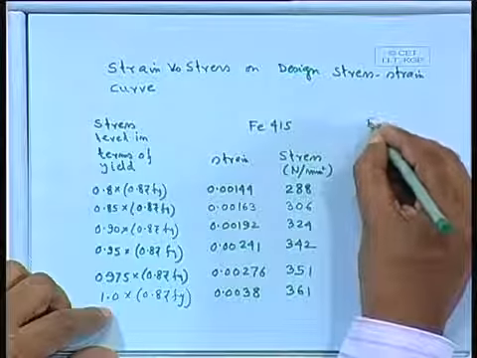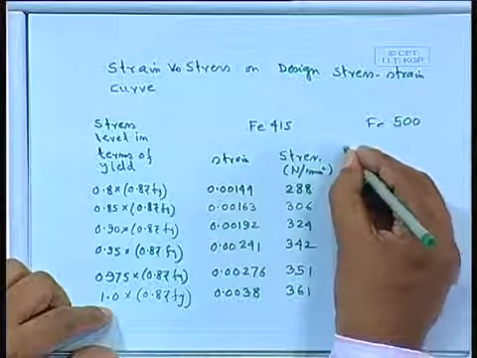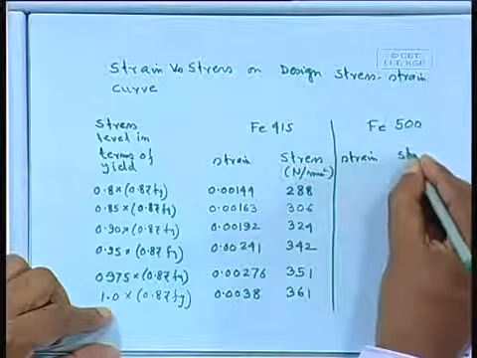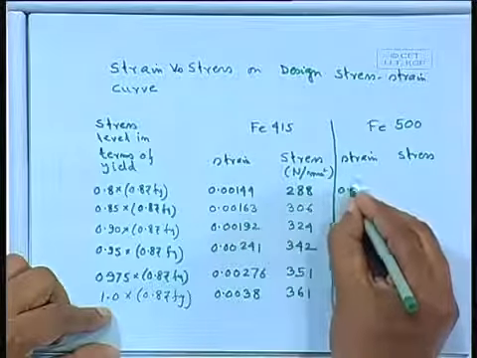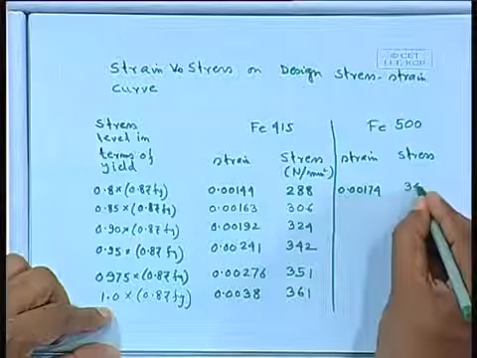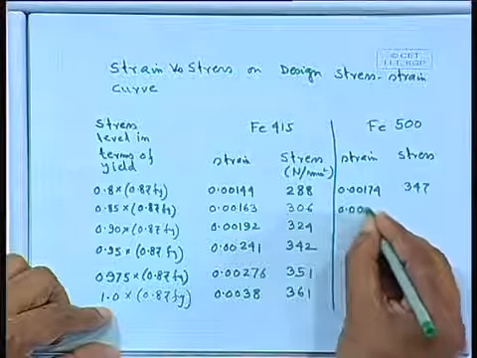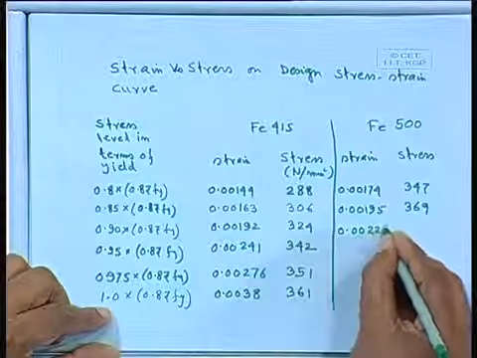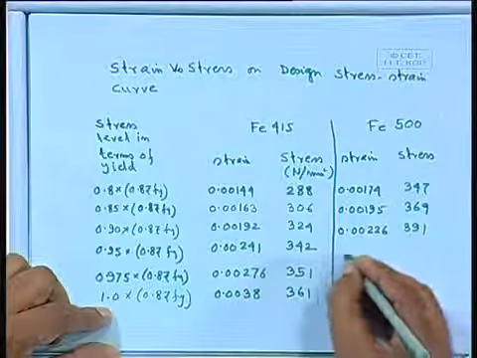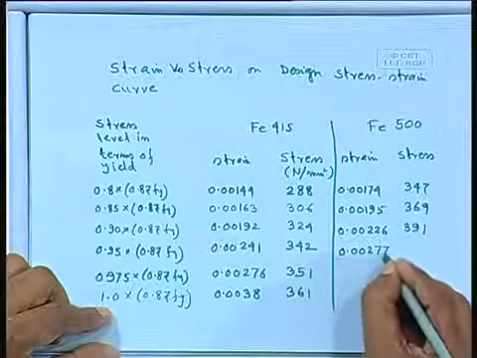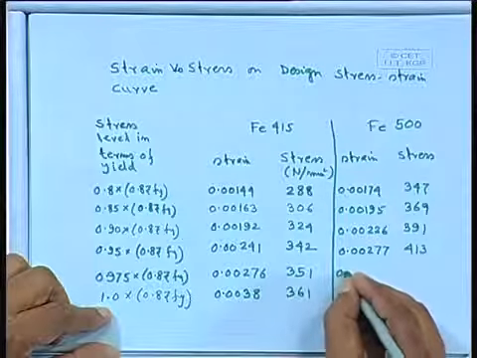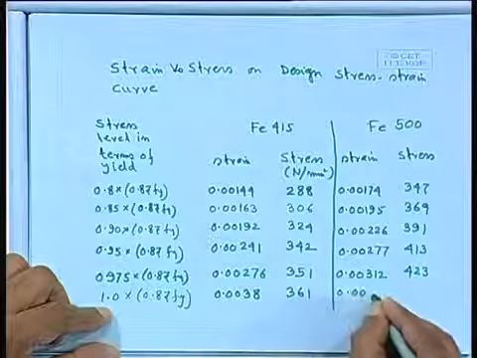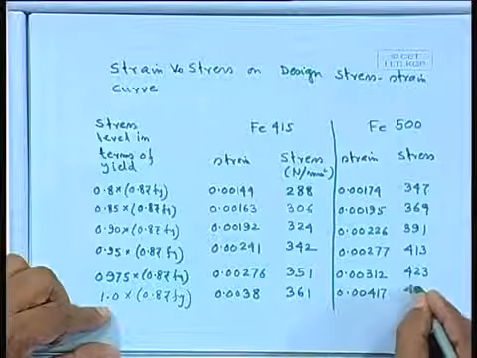What about Fe500? The strain, let us give a margin, and the stress, we get 0.00174, 347, 0.00195, 369, 0.00226, 391, 0.00277, 413, 0.00312, 423, 0.00417, 434.